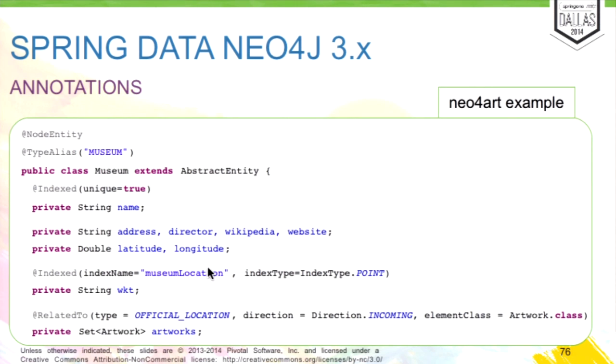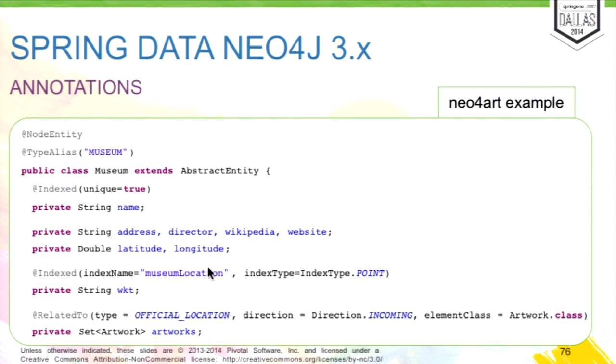We configure this class with the annotation NodeEntity, and we give this class a label called museum with the TypeAlias annotation. Then we also added 2 indexes to this class. One, quite standard, which is a unique index on the property called name, and one for our geospatial queries.